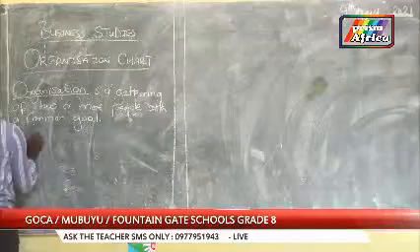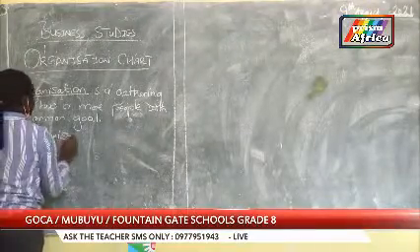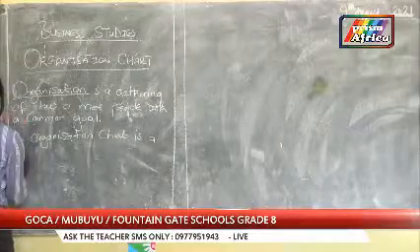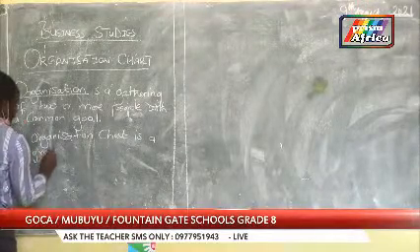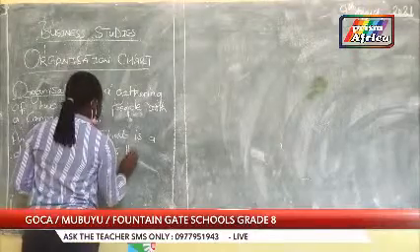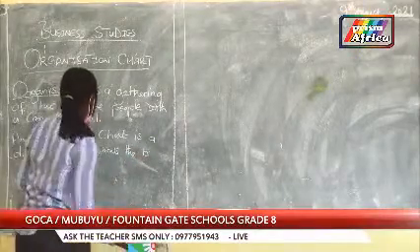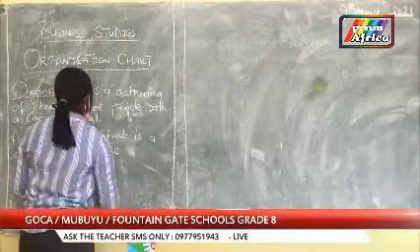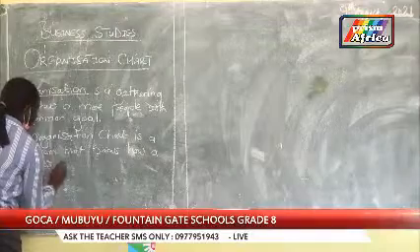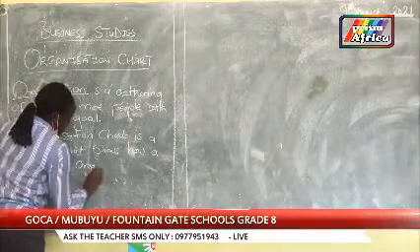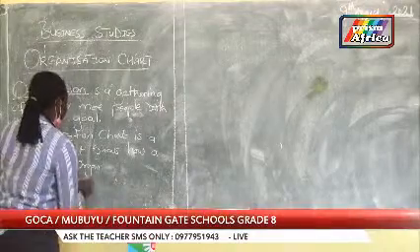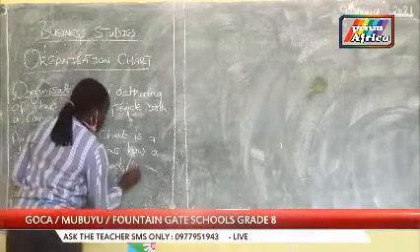So, an organization chart is a diagram that shows how a business is organized or structured.